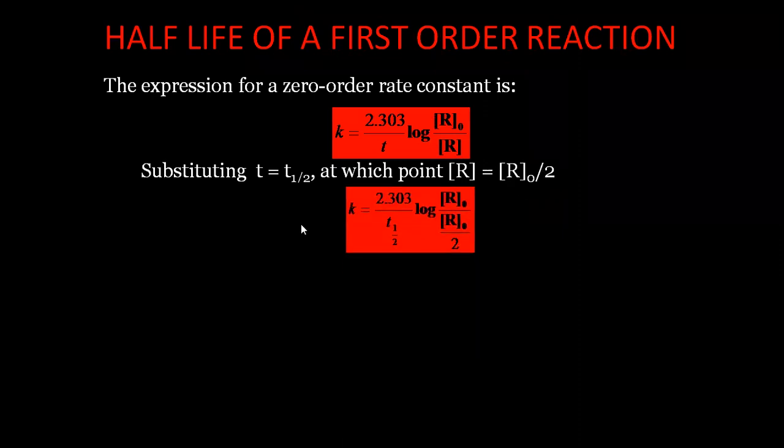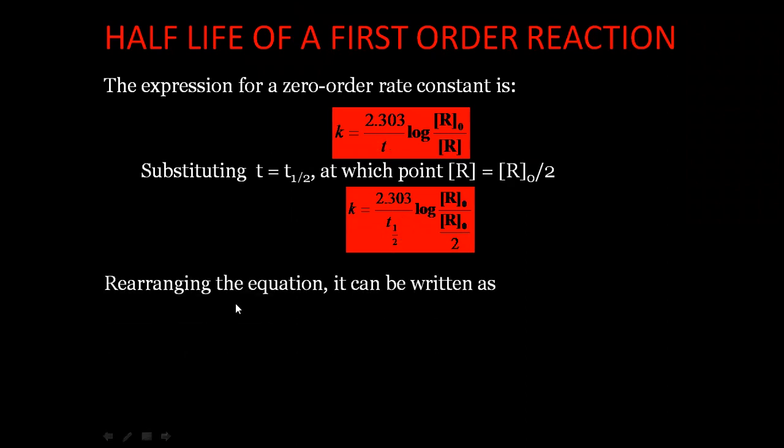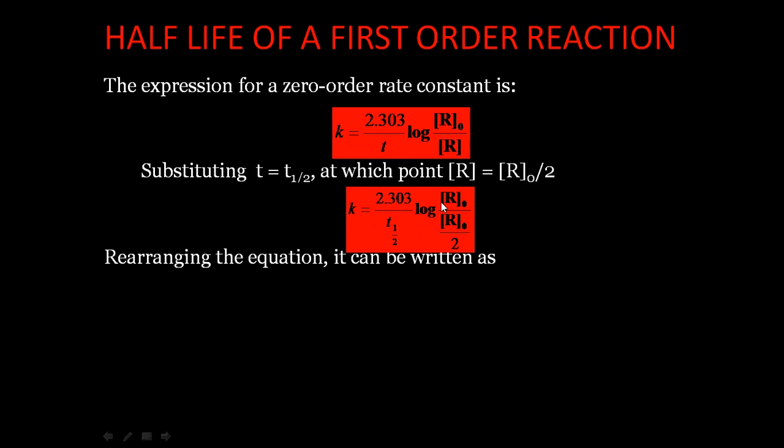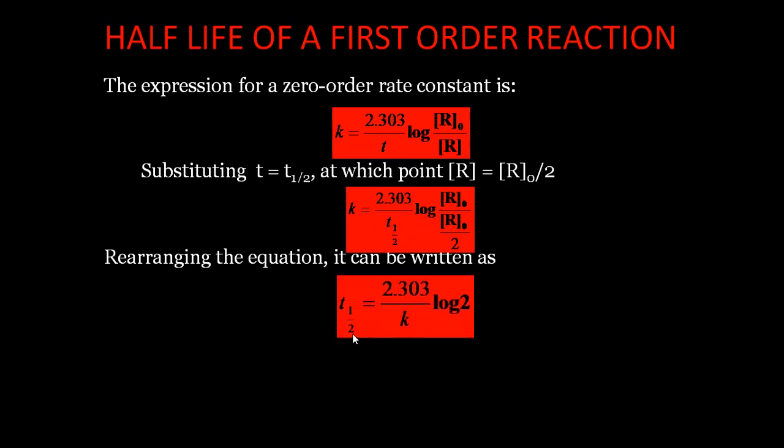Again, we'll just put that value. R naught is the initial concentration, and R will be equal to R naught by 2. T will be T half. If I rearrange it, R naught and R naught go, T half I bring to the left hand side and K to the right hand side, I get T half is equal to 2.303, 2 comes into the numerator, it will be log 2.